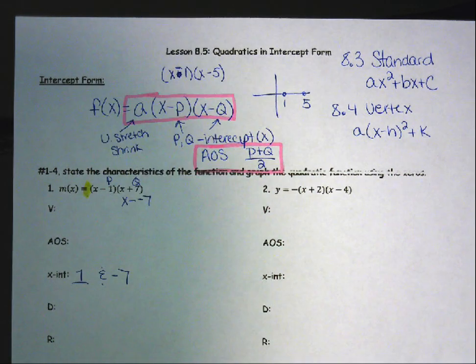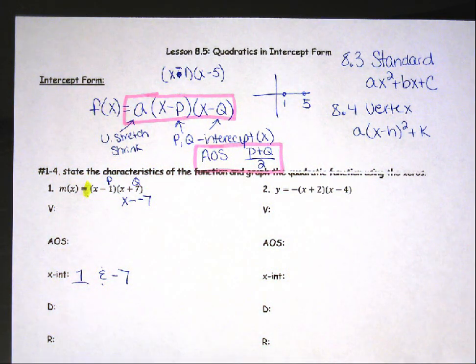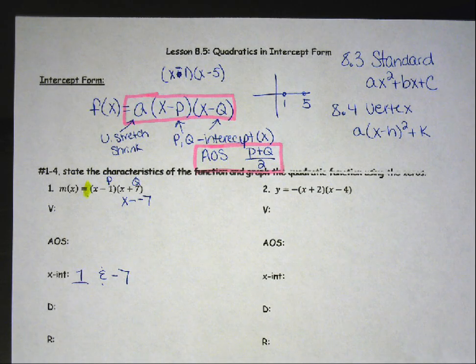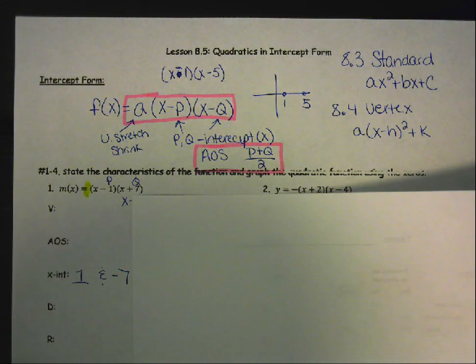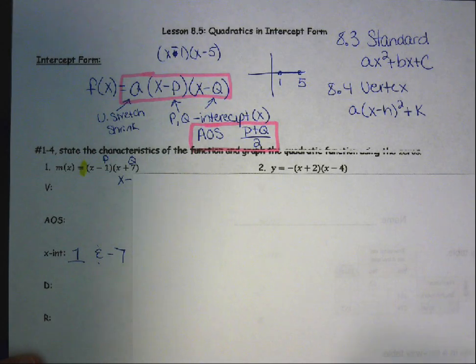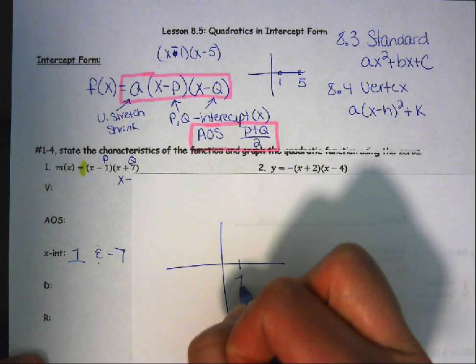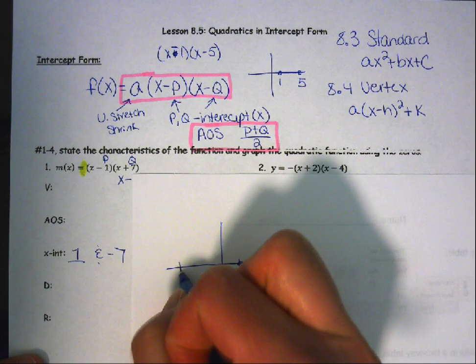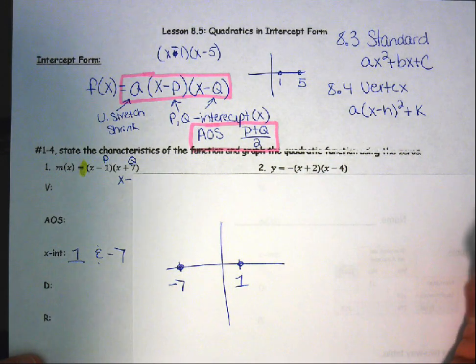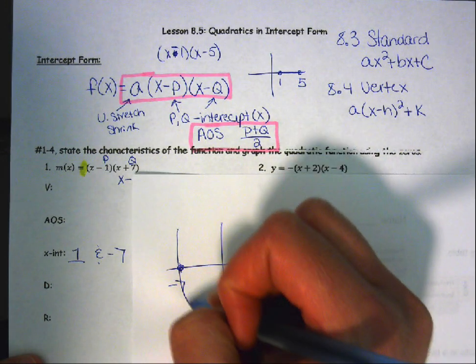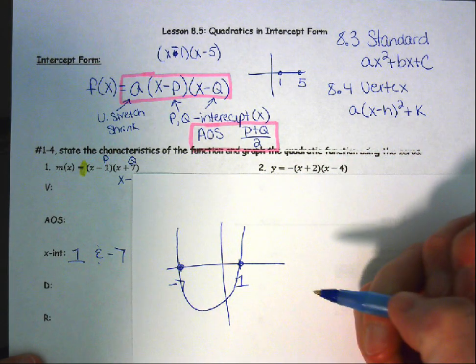Now, do you notice that I did not use a comma? You want to be very careful in this lesson about using a comma in different scenarios, because what you're trying to tell somebody is it crosses at 1 and it crosses at negative 7. So the parabola is crossing in those two places.